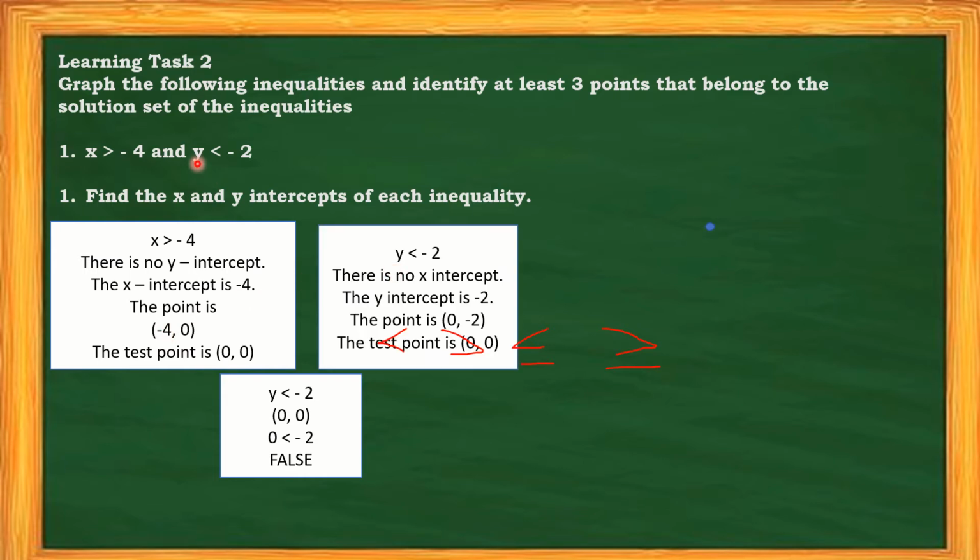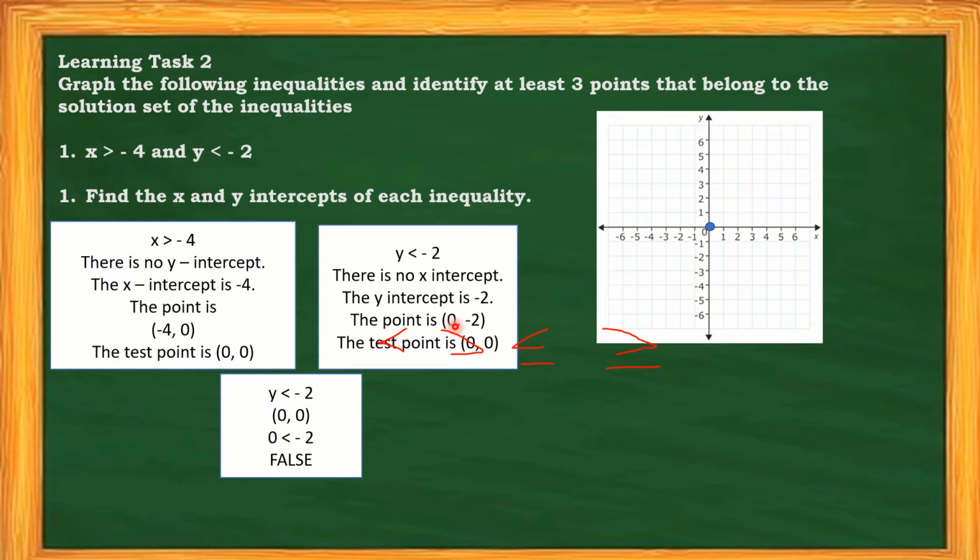Okay, in the second inequality, y is less than -2. Since we have no x here, we have no x-intercept, and the y-intercept is -2. Therefore, the point is 0, -2, since y is -2 and x is 0.